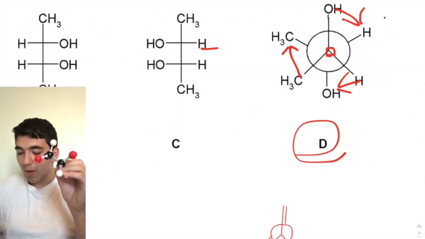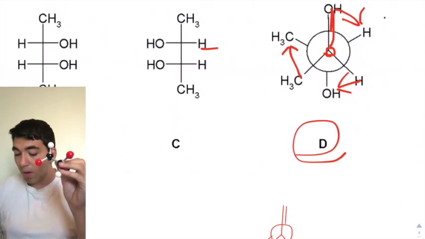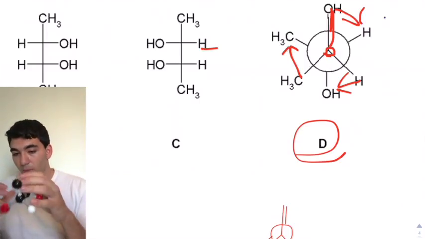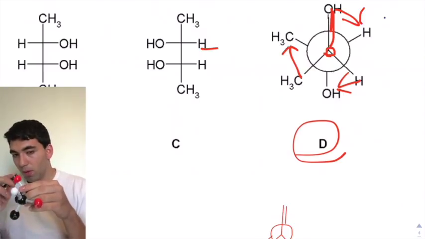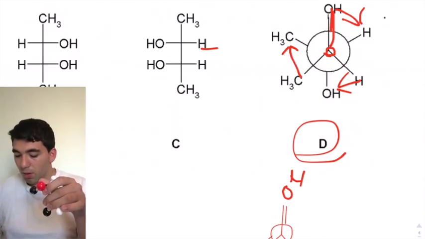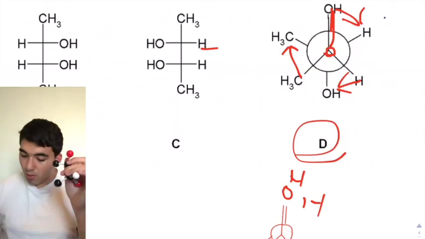And then the top carbon has this H up there. I twisted it that way, so it would be on the top carbon. This would be OH, this would be H, and this would be the opposites. This would be H and OH.